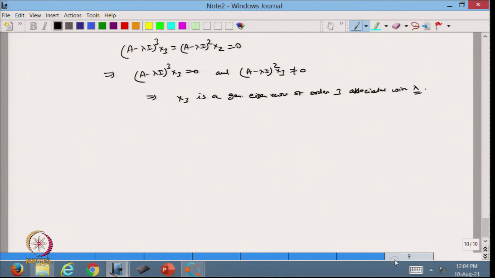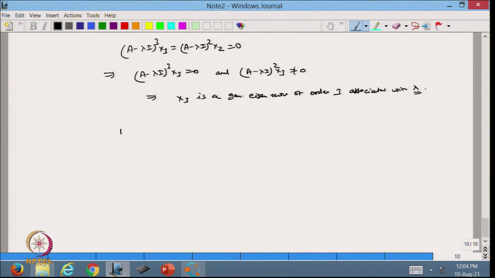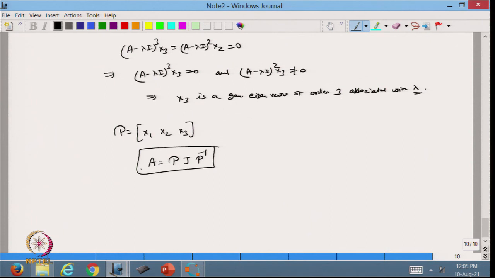So this way we are able to find x1, x2 and x3, and then I can write my P as x1, x2, x3, and based on this I can define my matrix A, that will be P J P inverse. In this case P is invertible, but P is not an orthogonal matrix. So it means that for any matrix, whether it is diagonalizable or not, we can always write the Jordan form of a given matrix.